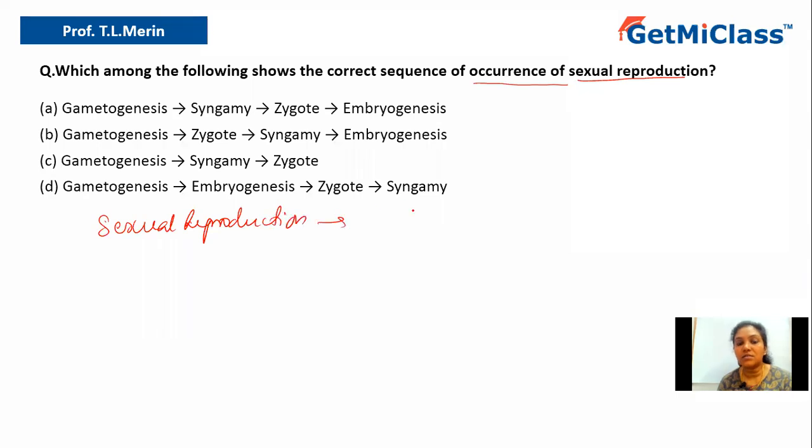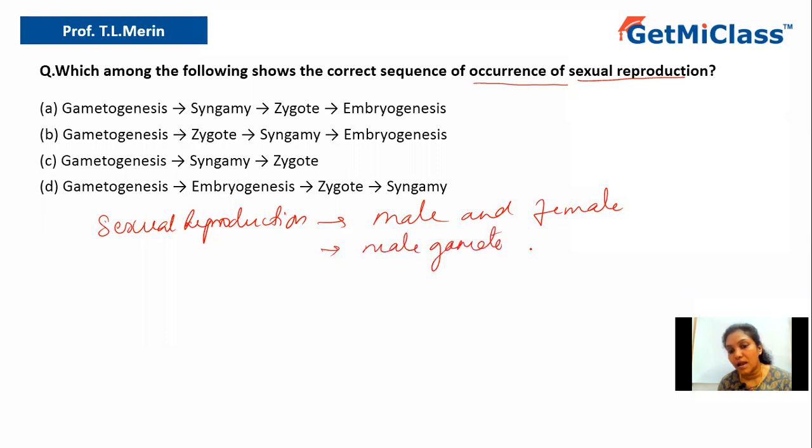This is the type of reproduction where there is involvement of both male and female parent, and these will produce male gamete and female gamete. So this male gamete will fertilize the female gamete to give rise to zygote. So there is formation of zygote.